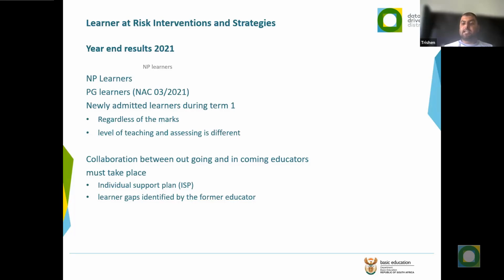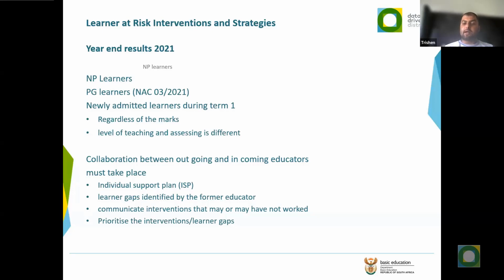Now, for each challenge, there might be more than one intervention strategy. There can be 20. But even there, in that collaboration, we need to prioritize the strategies that we would like to implement in order to support that particular learner.